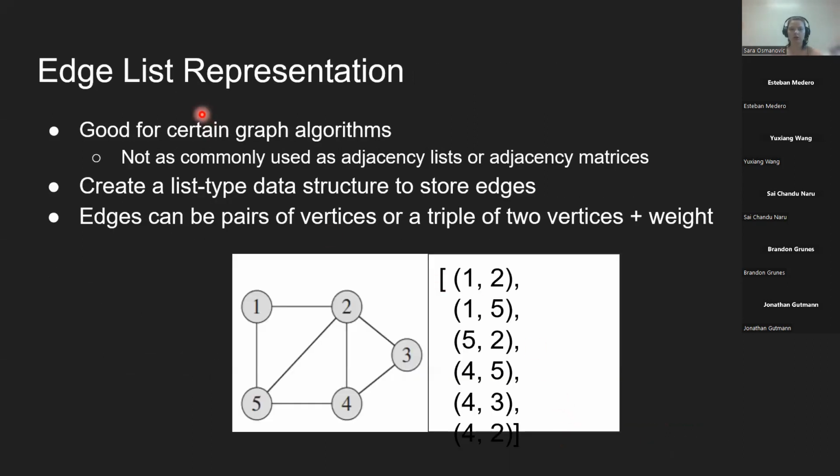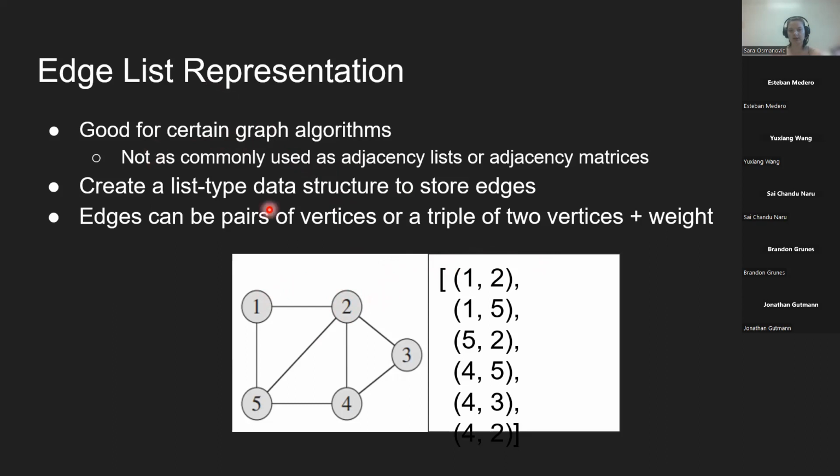Okay, so how to represent edges? You can represent them as a list of ordered pairs, which contains both vertices that the edge connects. And I say ordered pairs because if you have a directed graph, the order does matter.